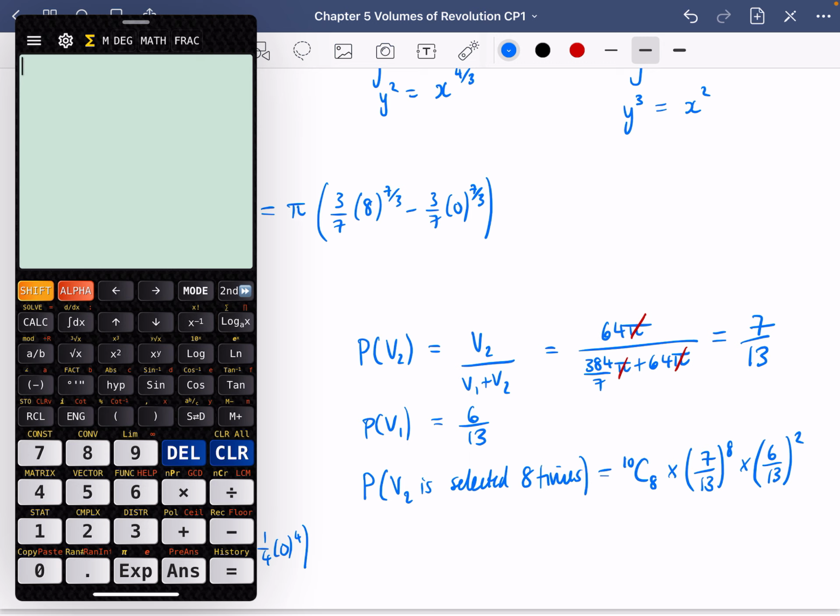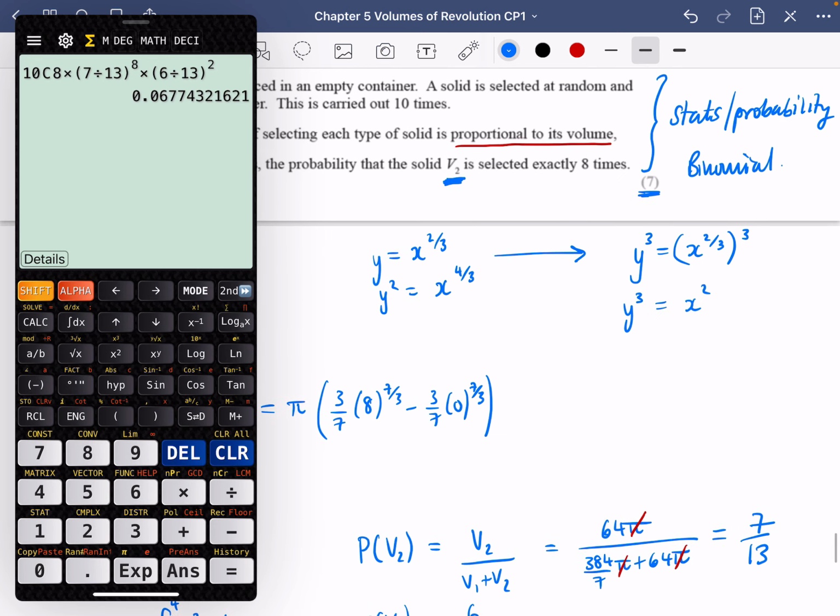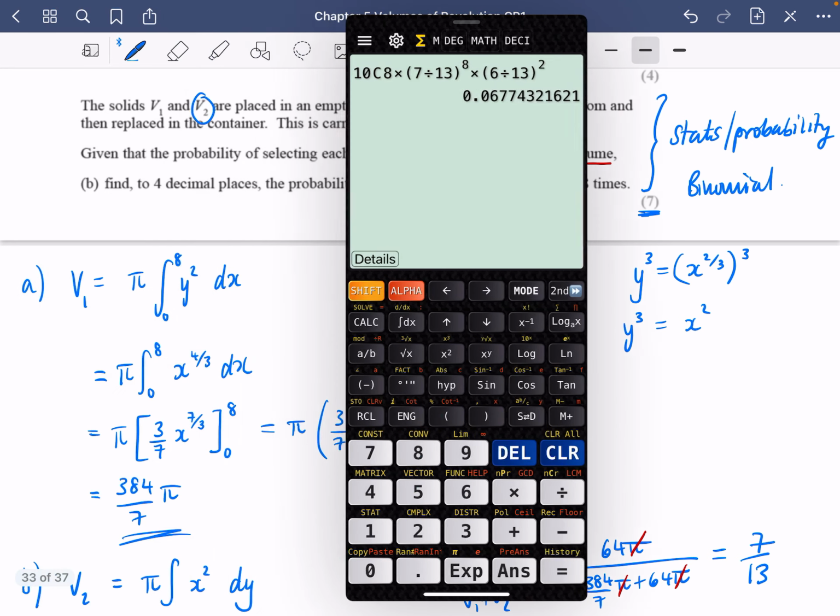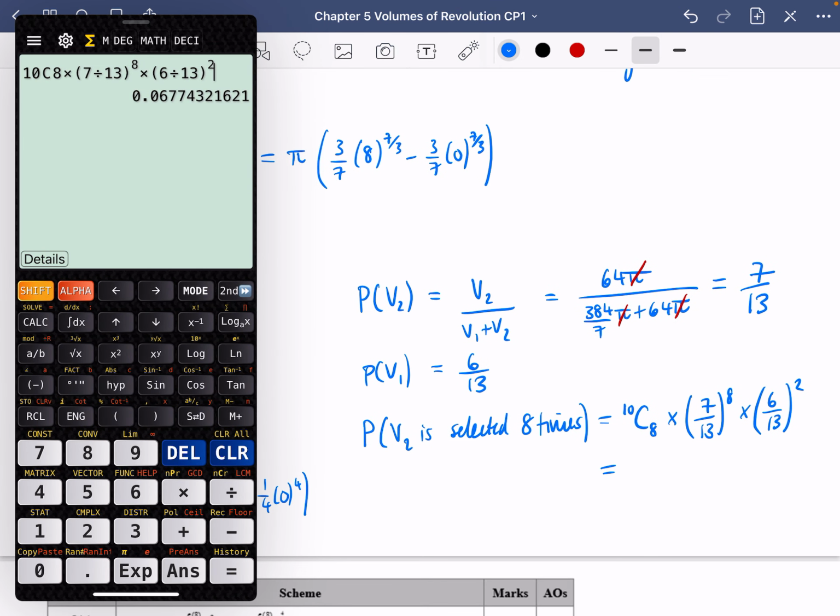So we're going to do 10 choose 8 multiplied by 7/13 to the power of 8, if I could type that in properly, multiplied by 6/13 squared. And that's a big number, but it wanted it to 4 decimal places. So to 4 decimal places, 0.0677.